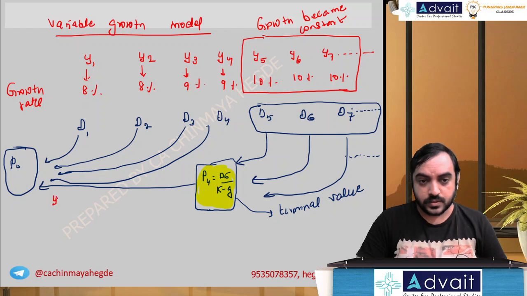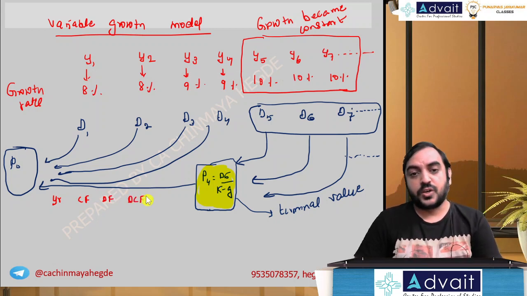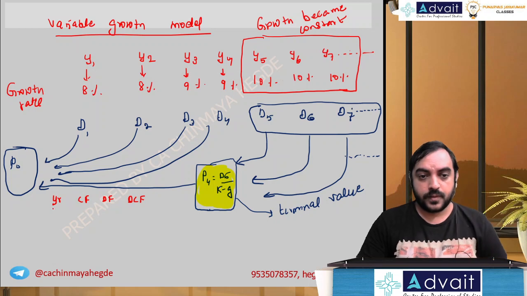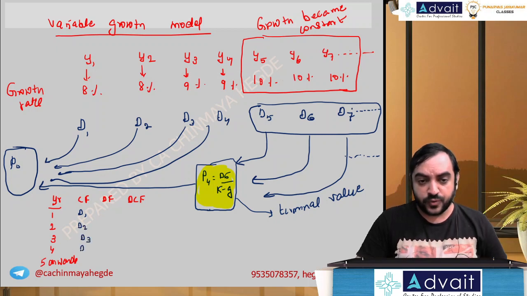Year, cash flow, discounting factor, discounted cash flow. Year 1, 2, 3, 4, 5 onwards. Cash flow for year 1 we take D1, year 2 will have D2, year 3 will have D3, year 4 will have D4.